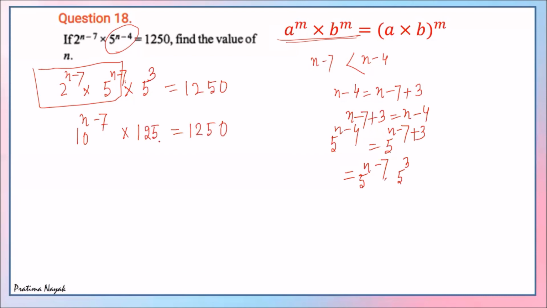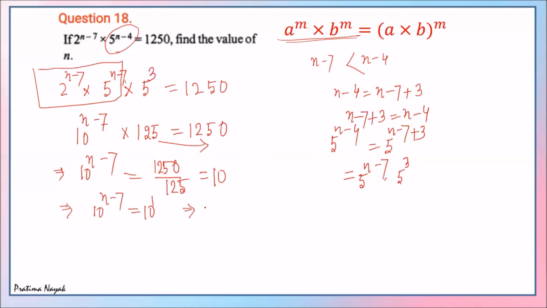Now 125 I'll divide here. So 10 to the power n minus 7 is equal to 1250 divided by 125. How much? It is 10. So you are getting 10 to the power n minus 7 is equal to 10 to the power 1.